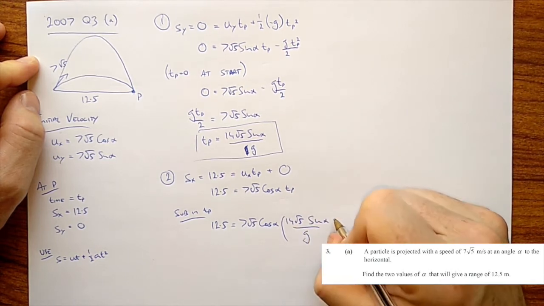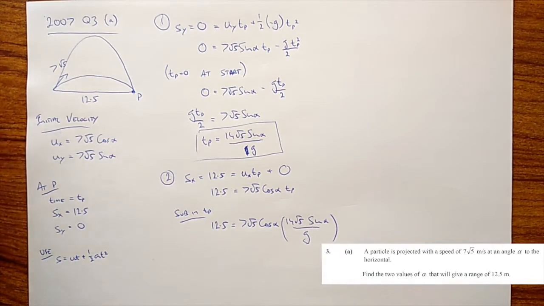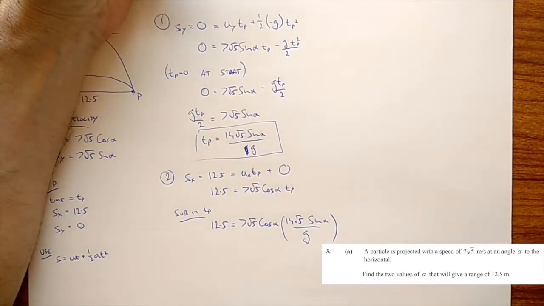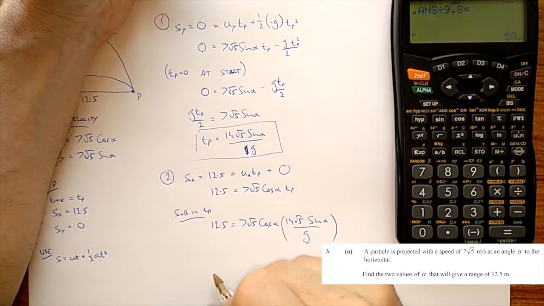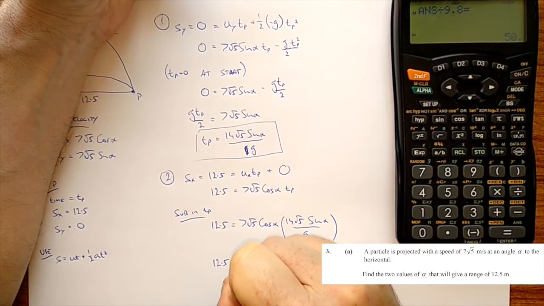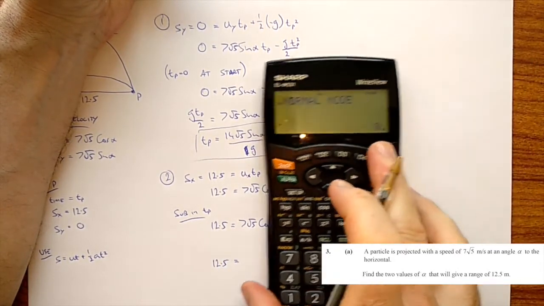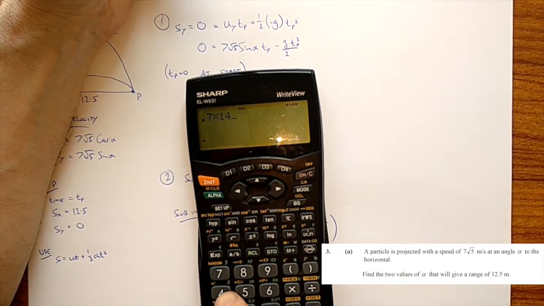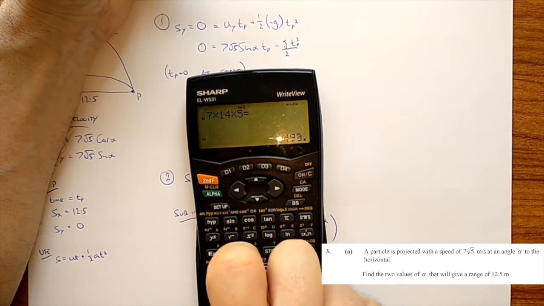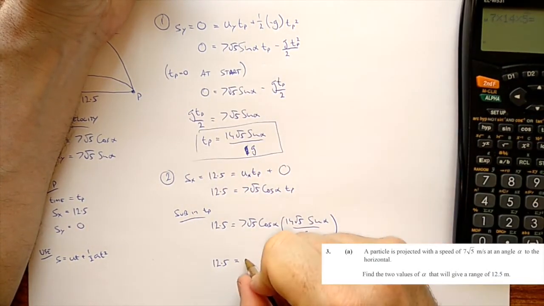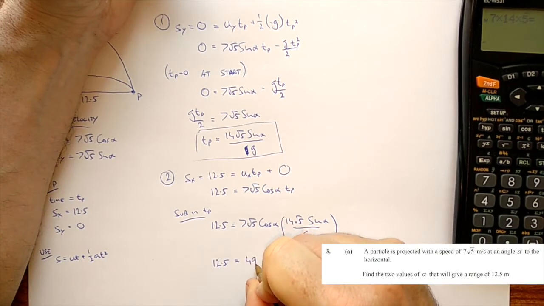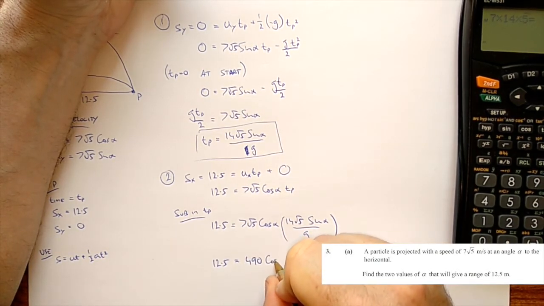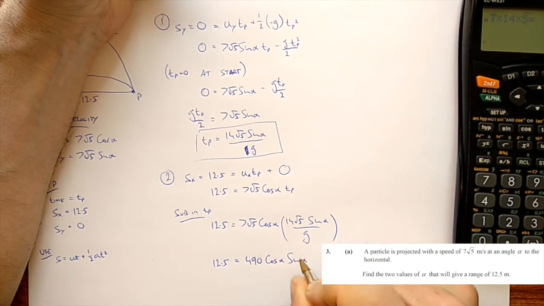Okay, looking a little bit ugly, but we're going to find a better way. So first things first, we'll leave that 12.5 there. Let's work out all these numbers. We use our calculator for this, just again to avoid any small mistakes. 7 by 14 by root 5 by root 5, which is 5, gives 490. So all these numbers collapse down to 490, cos alpha, sine alpha, all over g.